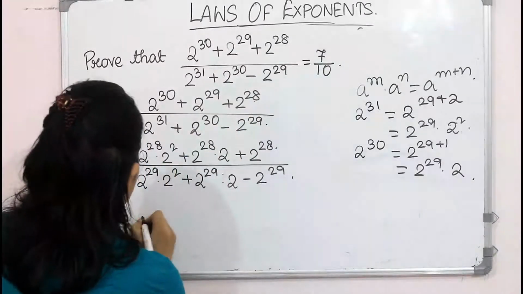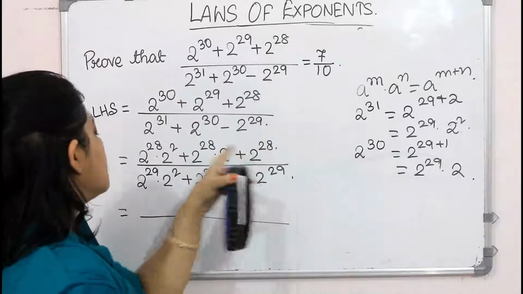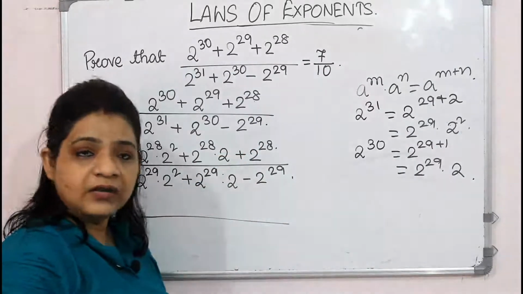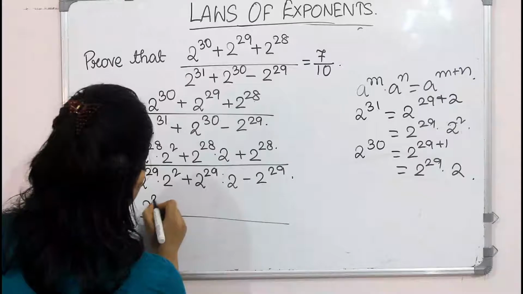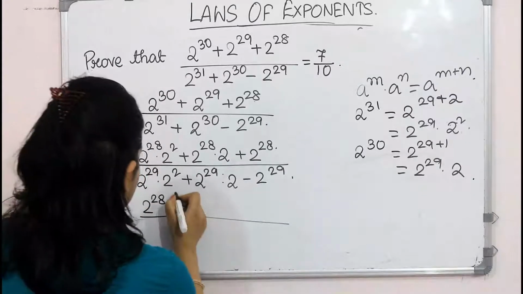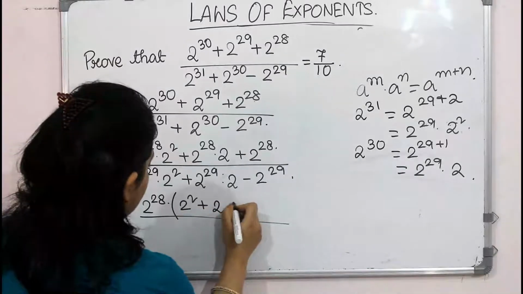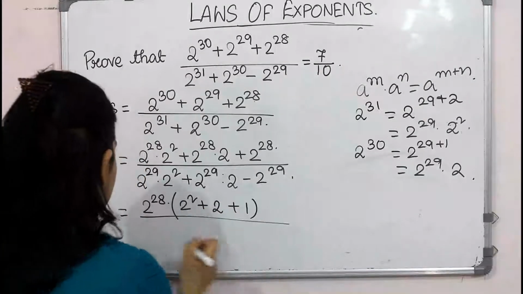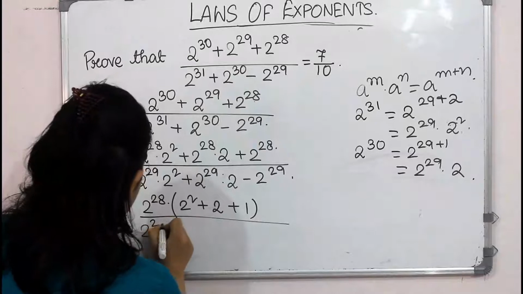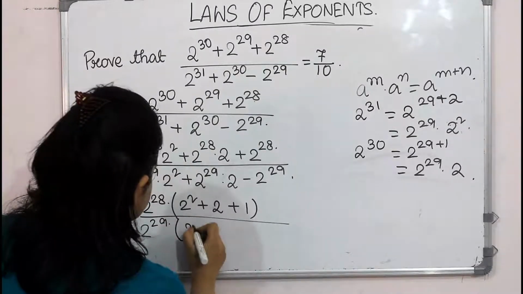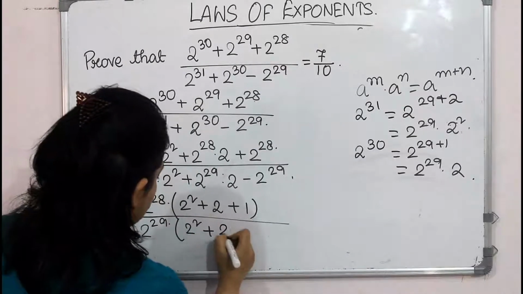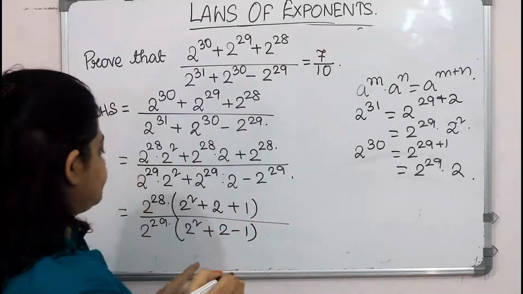Now here in all the terms you have 2 to the power of 28. So let's take 2 to the power of 28 as common. So this will be 2 square plus 2 plus 1. And this you can write as 2 to the power of 29 into 2 square plus 2 minus 1.